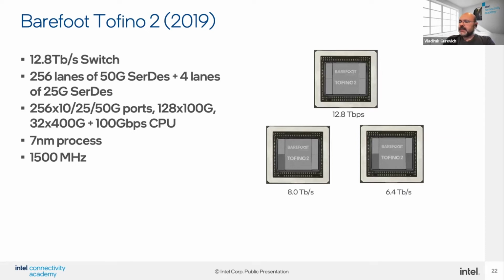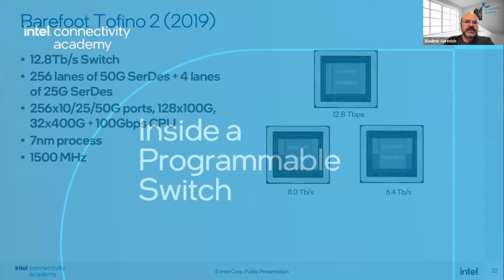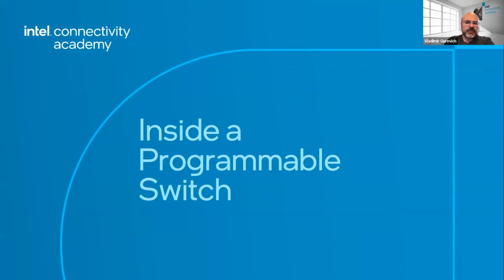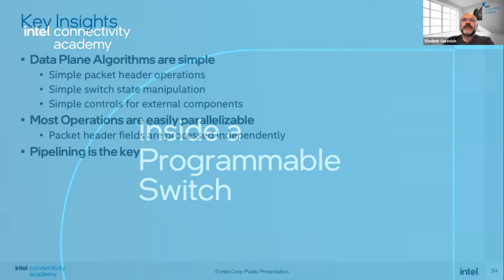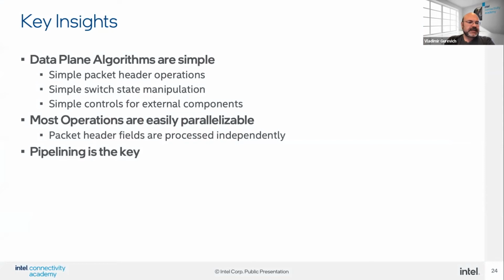Okay, so let's talk about how these devices operate, what's inside. So there are a number of insights that helped us to implement those switches, design them, decide what to put inside and what not to put inside.